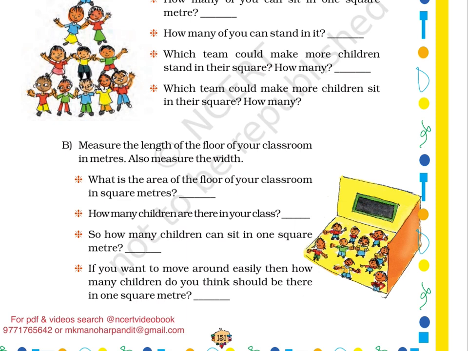Dash. If you want to move around easily, then how many children do you think should be there in 1 square meter? Dash. On the bottom right corner of the page, we see a classroom where all the children are trying to sit on the floor as much as possible in the least amount of space.